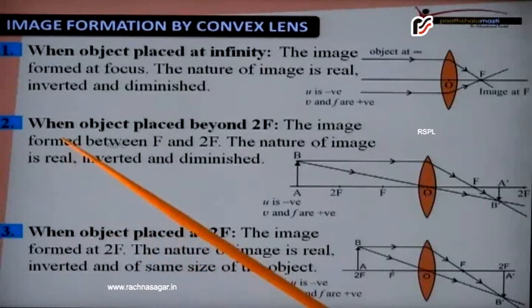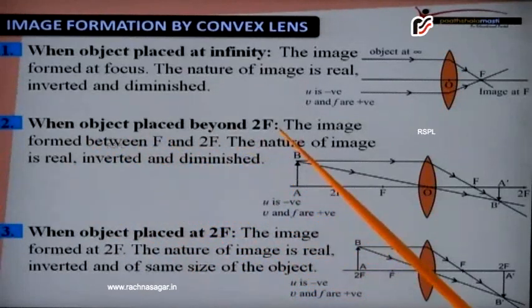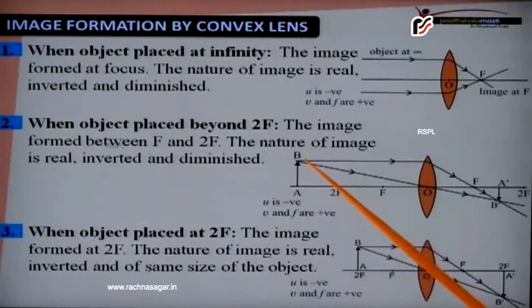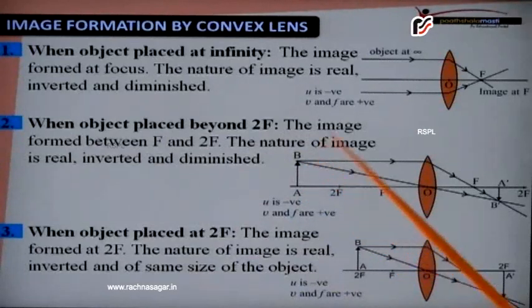Next case, when the object is placed beyond 2F. After refraction the image is formed between F and 2F. The nature of the image is diminished, real and inverted.